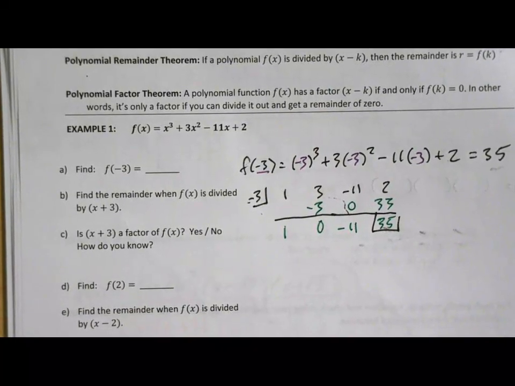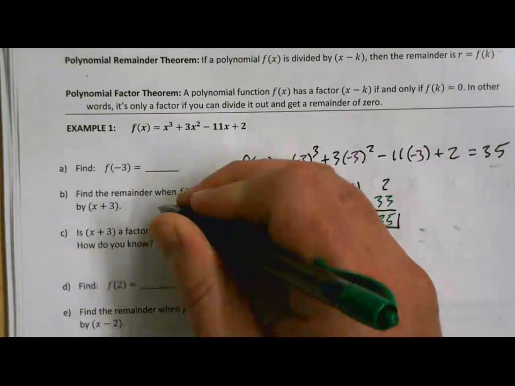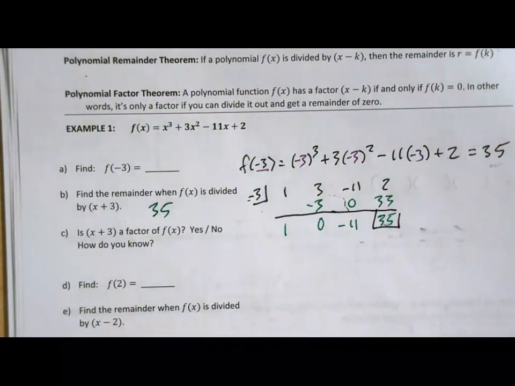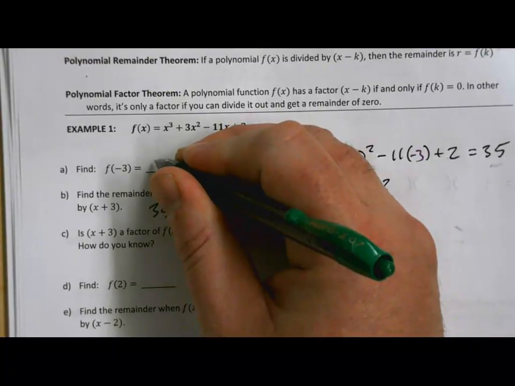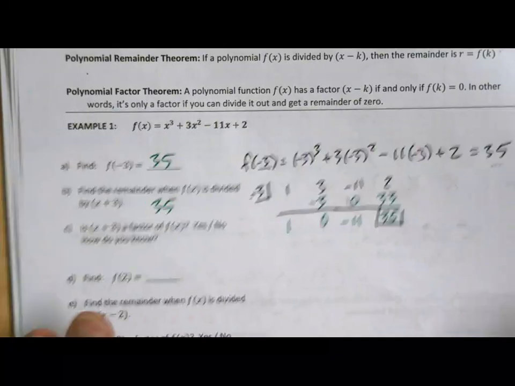The question was asking what's the remainder when you divide it? The answer is 35. Do you think it's a coincidence that the answer to part A and part B were both 35? No, it's not.